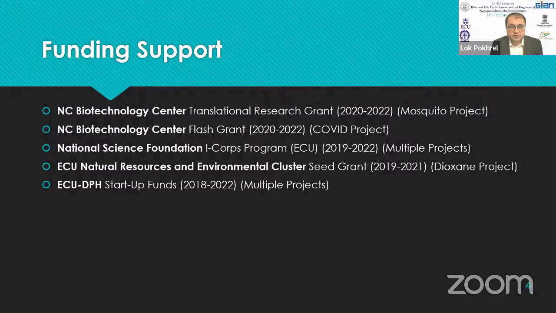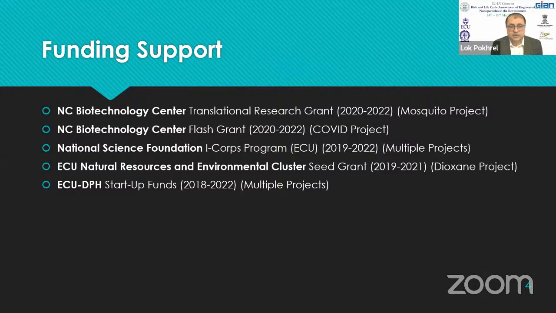I must acknowledge the funding support from different agencies and organizations, without which our research would not have been possible. First, the North Carolina Biotechnology Center Translational Research Grant. This is an 18-month grant, and it supports our mosquito project related to nanopesticide.